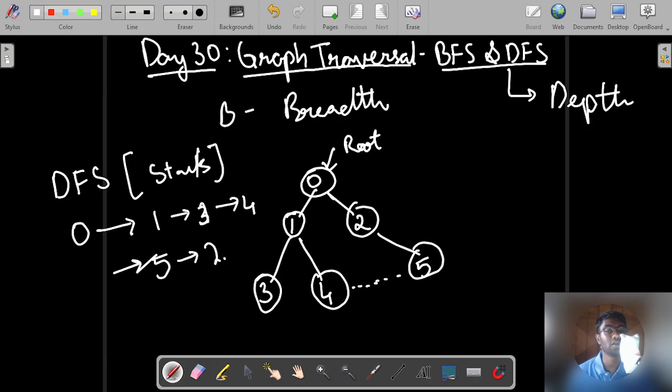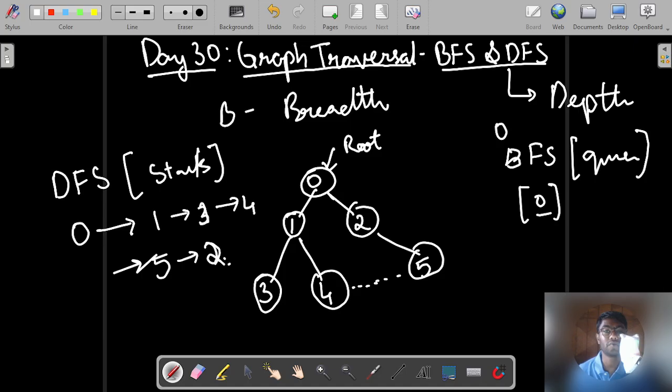While on the other hand, BFS has a queue type implementation where we pick a root node and we add it to the queue as an unvisited node, that is 0 is unvisited. From this queue we pop and we add the neighboring nodes which are 1 comma 2, and we pick each element, check if it is unvisited, then we add it to the BFS traversal result array.